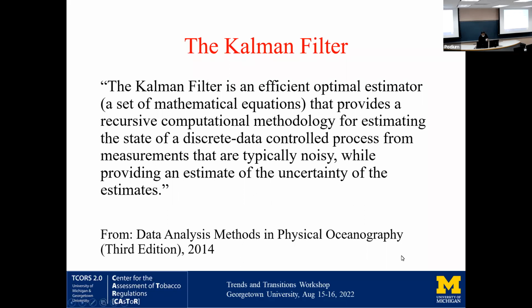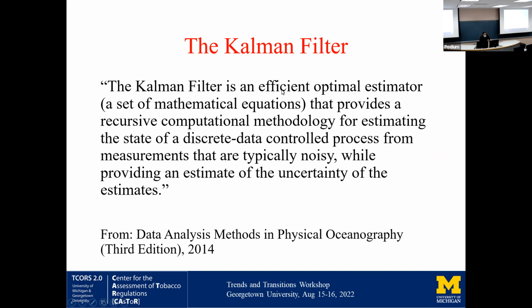Okay, so this definition I got from this publication, and I think it's intuitive. The Kalman filter is an efficient optimal estimator. When they say efficient, it's not efficient in the statistical sense of minimum variance; that is what they mean by optimal estimator.